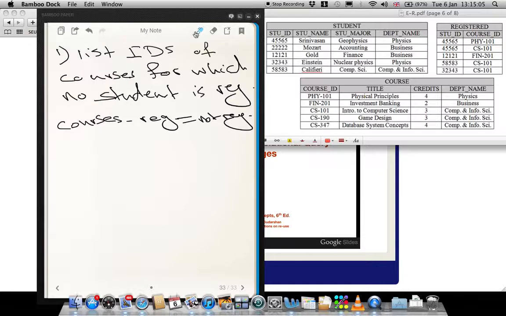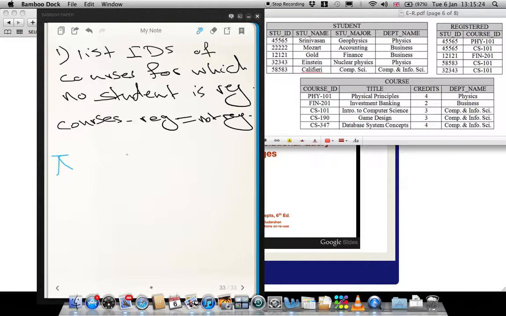Because we're talking about course IDs, it's a list. The course ID is an attribute, so we're looking at a column, and when we look at columns, we do projection, and we use the symbol pi for projection.